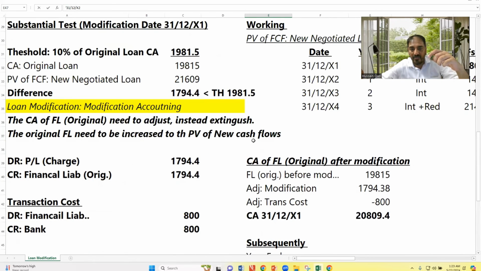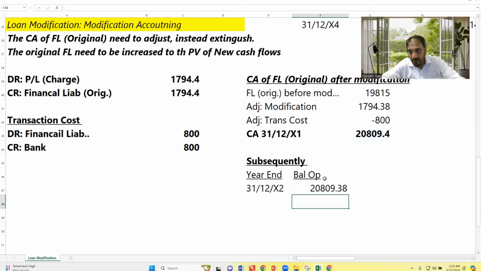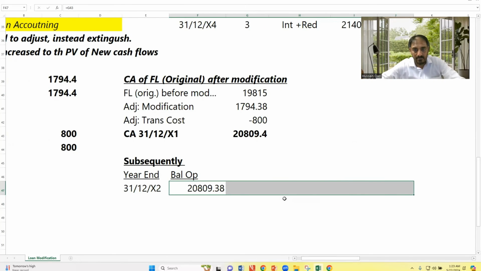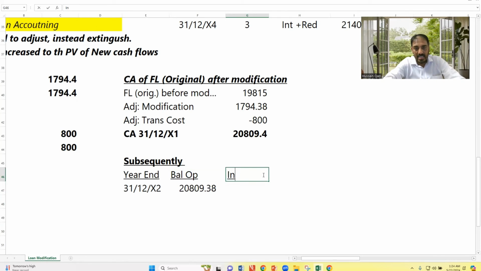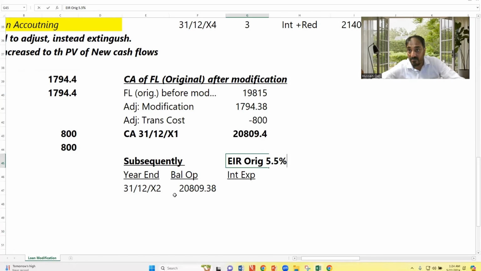Your opening balance is 20809. The interest expense should be at the original effective interest rate, 5.5%.